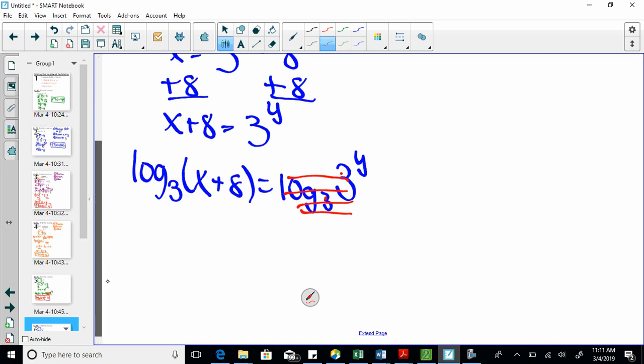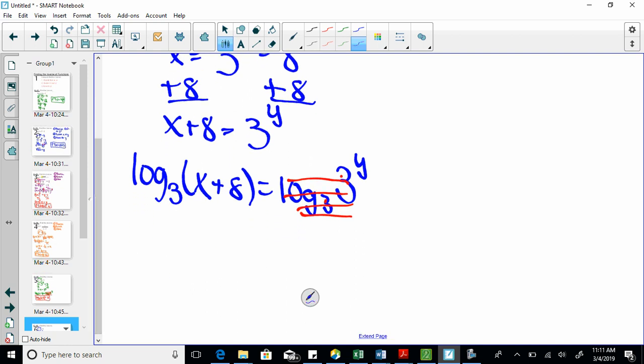So now, because they cancel each other out, I am once again left with just y. So y equals log of base 3 of x plus 8. This is my answer.